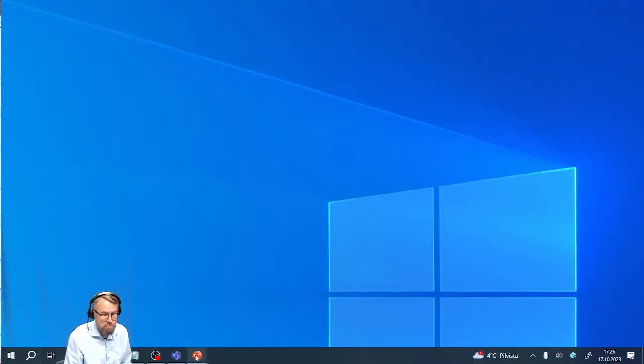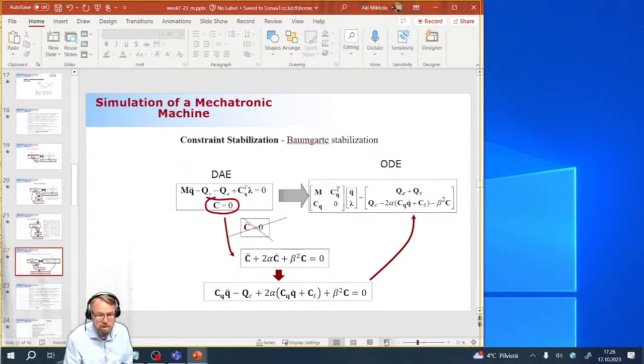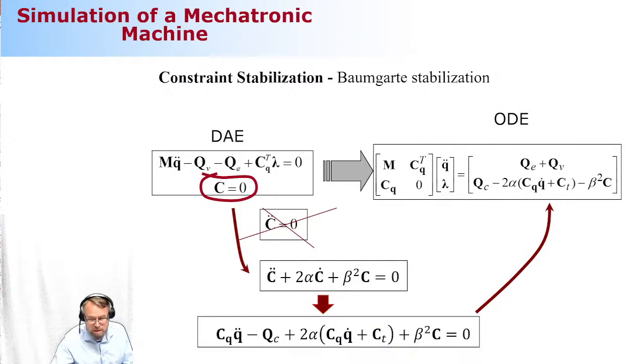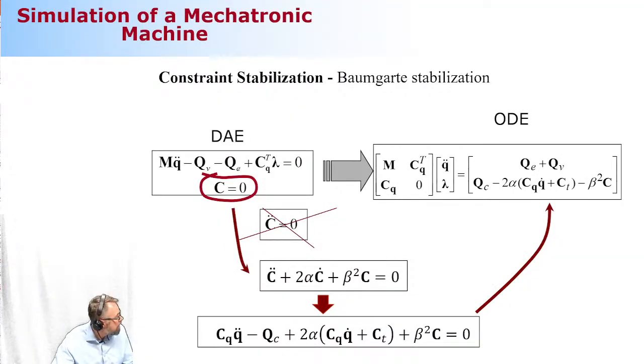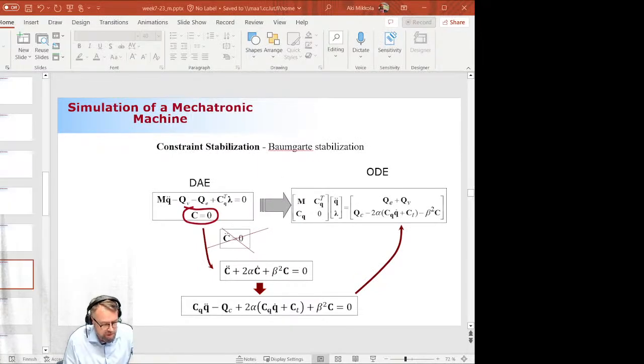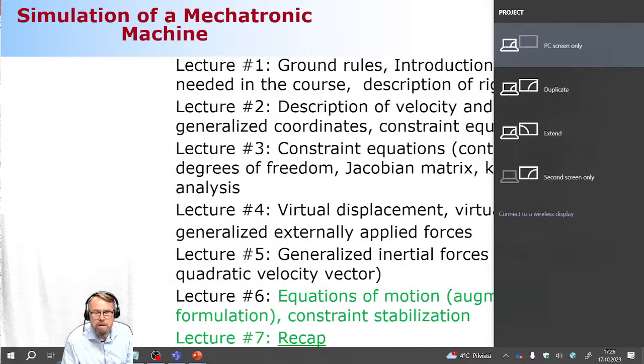My computer is about to die here. Okay, let me see. It should be, because this says PC screen only. How come it says that, and it looks like this is duplicated somehow?